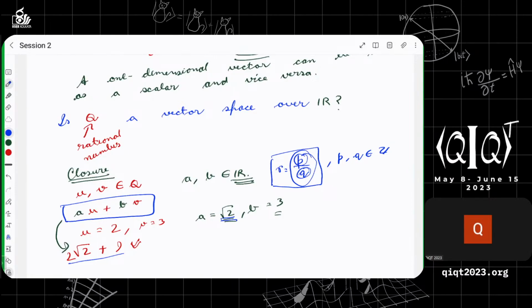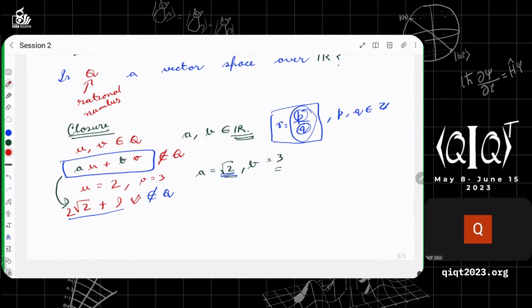Anybody? No, it's not. So this does not belong to Q. And in general, au plus bv, if you take, will not belong to the set of rational numbers.